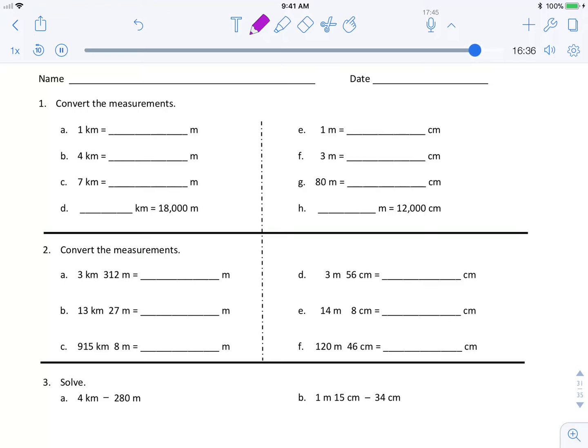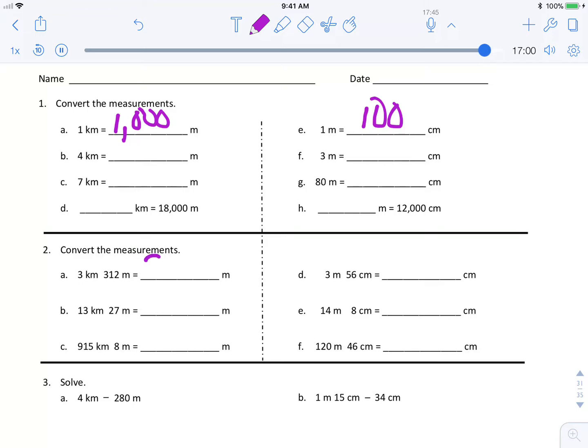Okay, we have 1 kilometer equals how many meters? Well, it equals 1,000. 1 meter equals how many centimeters? 100. Convert these measurements. 3 kilometers, 312 meters.